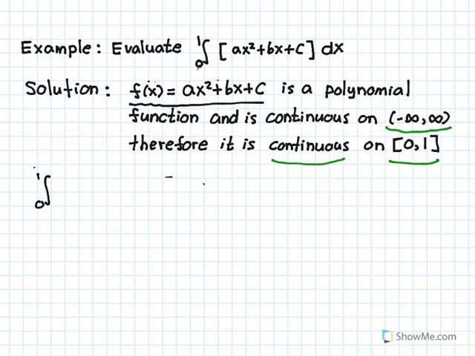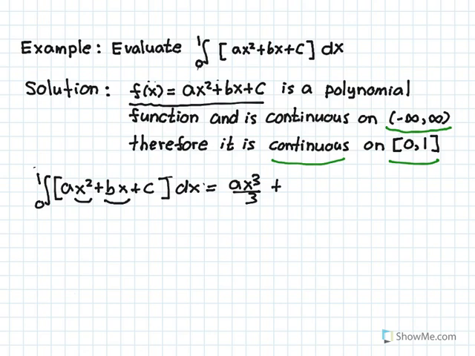So the integral from 0 to 1 of ax squared plus bx plus c, integrated with respect to x, is equal to ax cubed over 3. So we reverse the power rule. The integral of x squared is x cubed over 3, plus the integral of bx, which is bx squared over 2, reversing the power rule, the antiderivative of x is x squared over 2, plus the integral of c, which is cx, evaluated from 0 to 1.